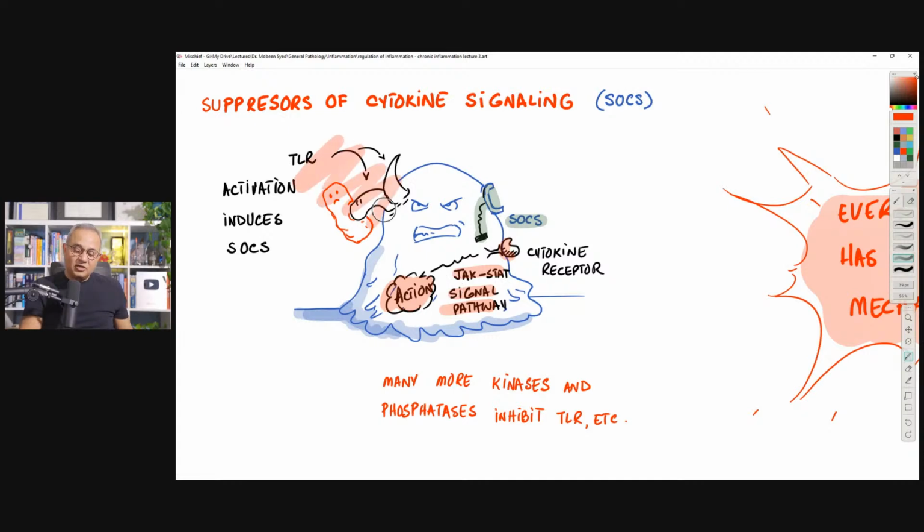So activation of toll-like receptor on one end causes this cell to become active. At the same time, it starts to cause the expression of a receptor called SOCS receptor, or suppressor of cytokine signaling receptor. This receptor, again, I'm going to give you the example of a robot.